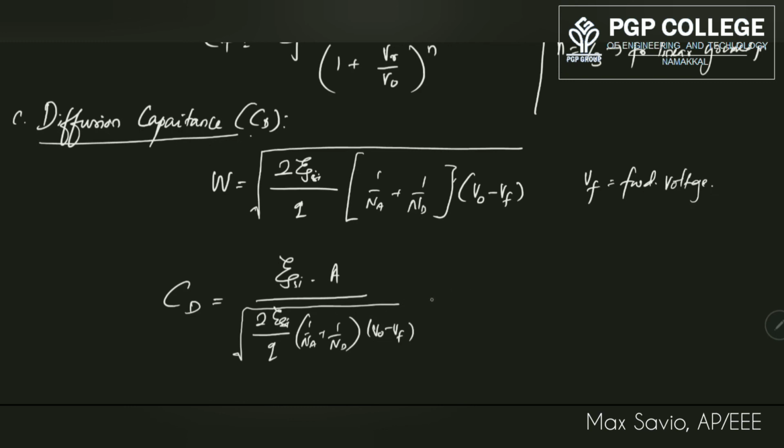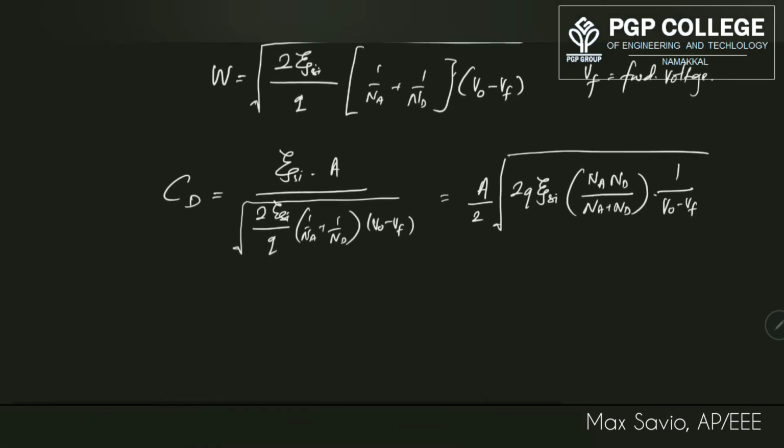I simplify it the same way, taking the 2 outside, and we are left with 2q epsilon Si Na Nd divided by Na plus Nd, into 1 divided by V0 minus Vf.